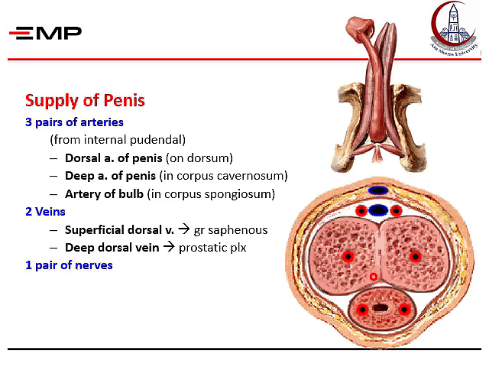They drain these corpora. When these veins constrict, the corpora become filled with blood. The arteries remain patent, pouring blood into the corpora and making them filled with blood, so the penis becomes erected.